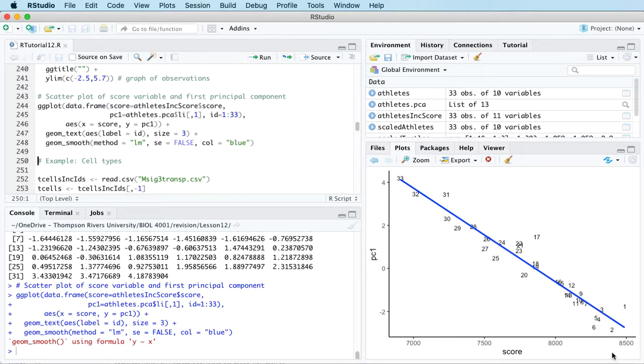So it's not perfect by any means, but you wouldn't expect it to be perfect because we're trying to summarize 10 dimensions in a single dimension. It's not going to be perfect, but it's pretty good. Okay, so that's a second example of a principal component analysis.